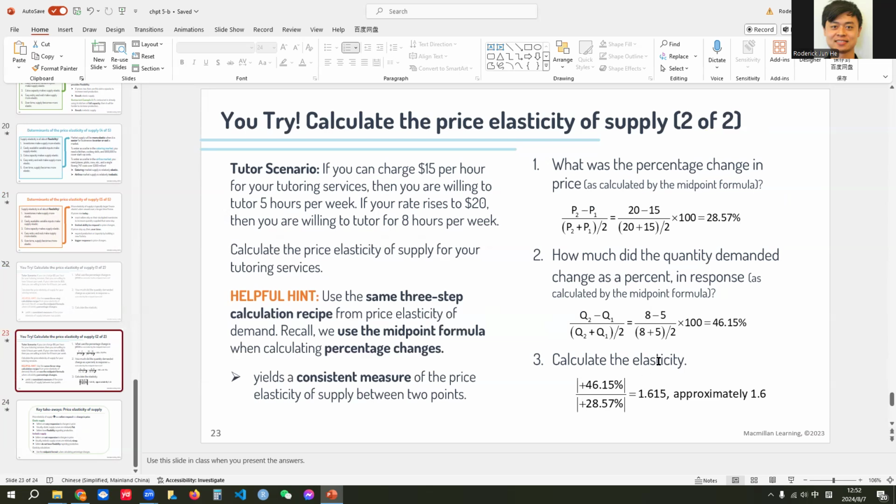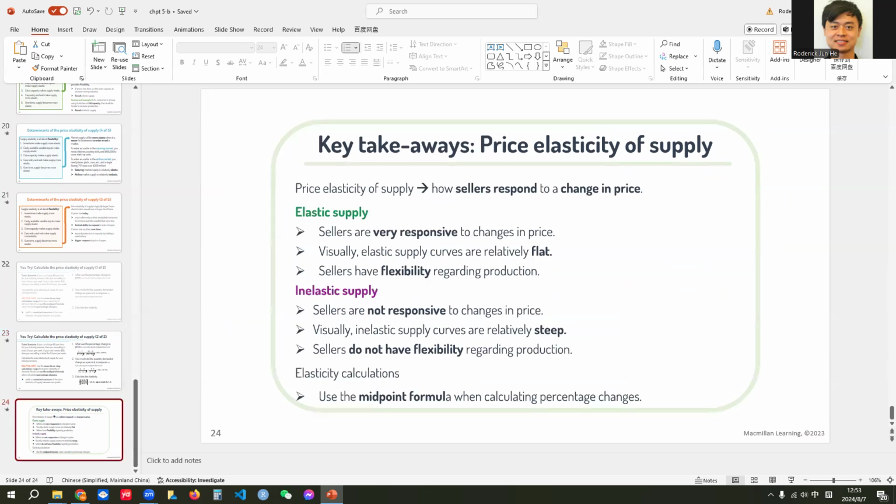That is the elasticity. And here, it's just that in the context of supply, you're expecting a positive elasticity even without taking the absolute value. So that's the second part of Chapter 5, elasticity. I hope this helps. Thank you.